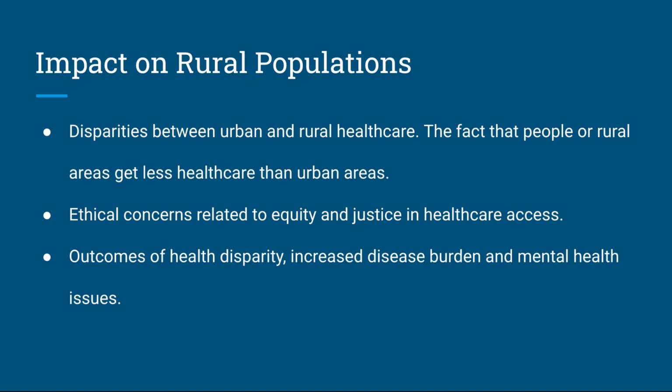This inequality raises serious ethical concerns about fairness and justice within the healthcare system, as those in rural areas face higher disease burdens and bigger mental challenges due to inequality in medical care.